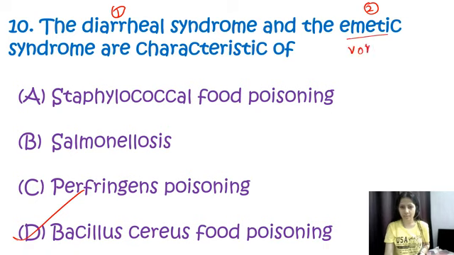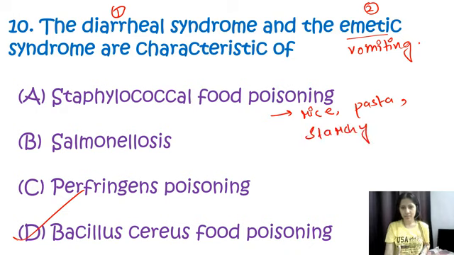It's a vomiting syndrome. This bacterium can be found in rice, pastas, or other starchy foods that have been cooked and left for some time at room temperature. So the correct option is D.